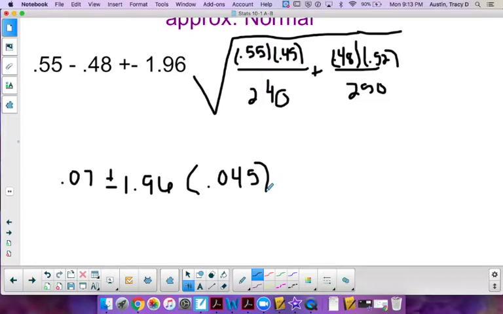Because I can just, well, I guess I could actually multiply 1.96. Gives me 0.088. So that would definitely be rounded. So 0.07 plus or minus 0.088, right? Okay, rounded again. So my interval is going to end up being 0.07 minus 0.088 is negative 0.018.